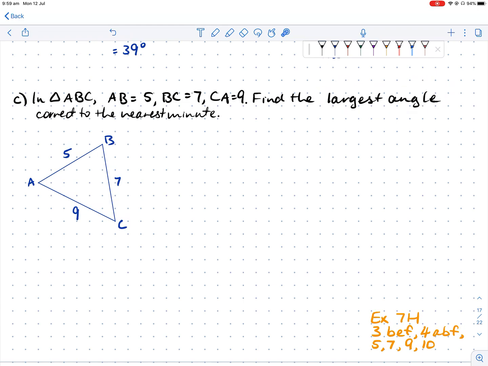Now the largest angle, okay, I'll just tell you as a rule, is always opposite the longest side. Okay, it sort of makes sense. If you've got a really short side, then the angle opposite it will be a very small angle. So in this triangle, what we're looking for is this angle right here. So I'm just going to label that theta. Okay, and that's the diagram that we're working with.